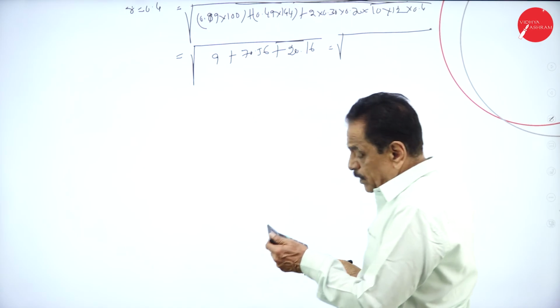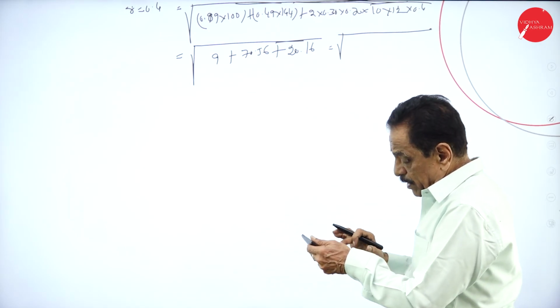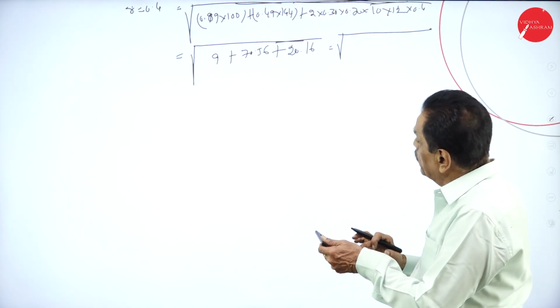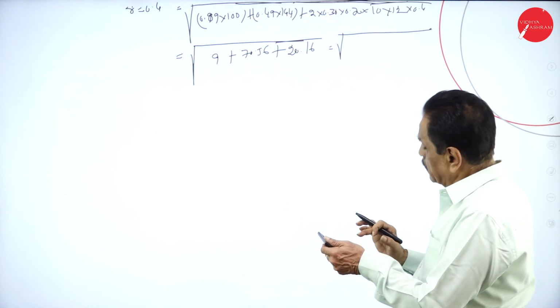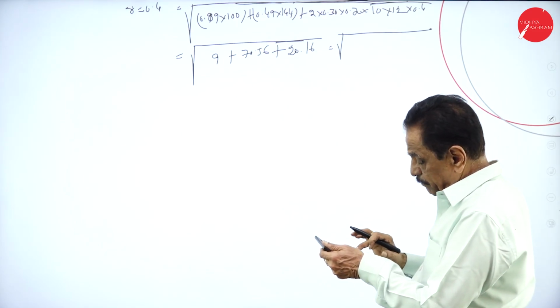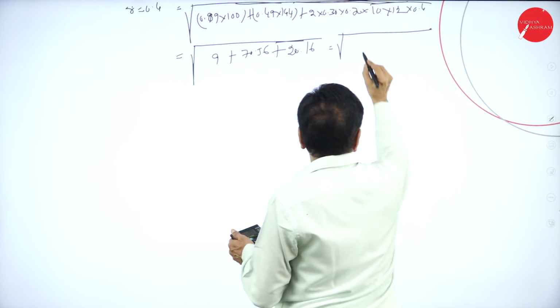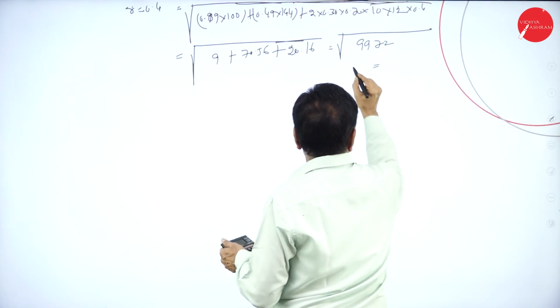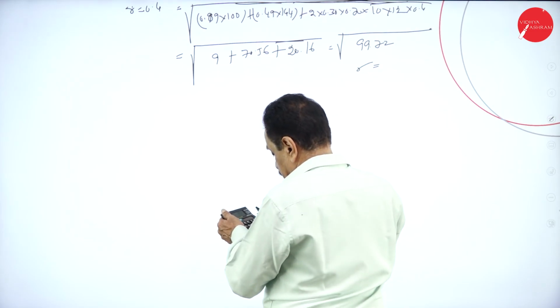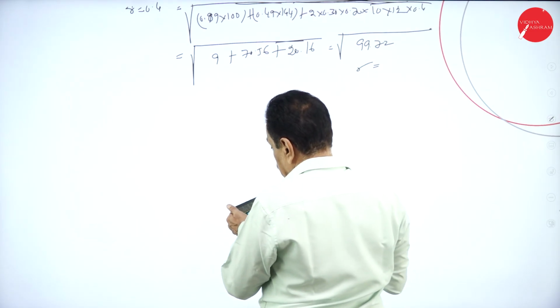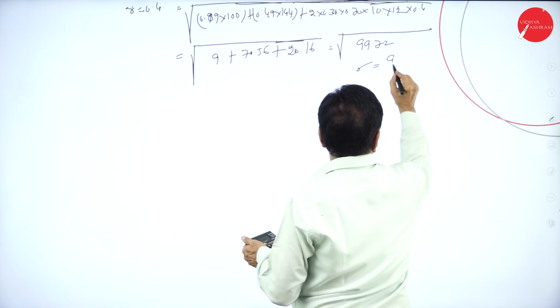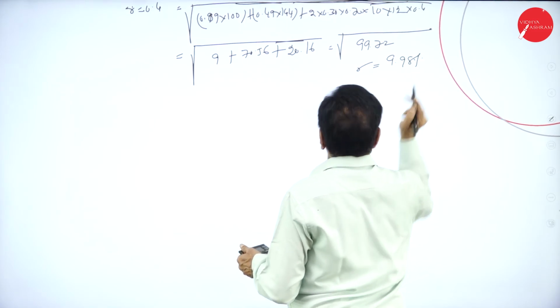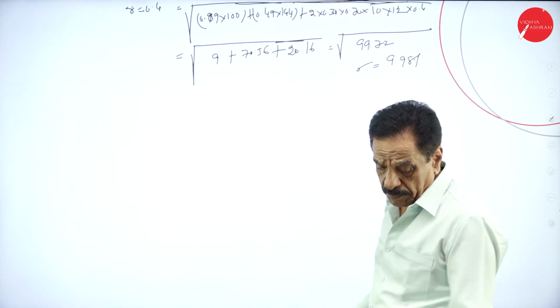Add to this: 20.16 plus 70.56 plus 9, 99.72. Standard deviation is 9.98 percent. This is for R equal to 0.4.